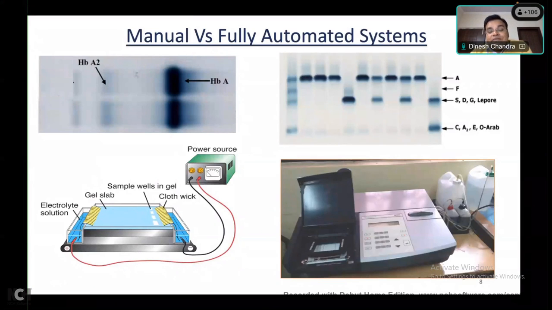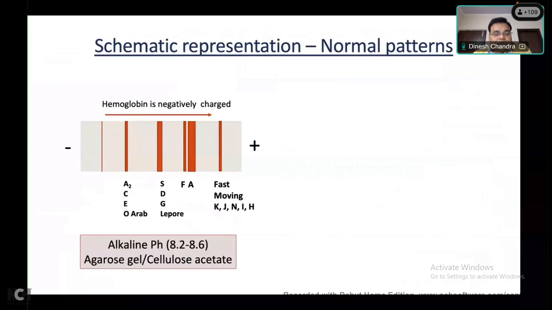But nowadays we have automated systems with ready-to-use gels, and you can get a better picture of the separation of these different hemoglobin variants and measure them by densitometry also. As I told you, it can be done at alkaline pH, which is the most common one, where it is separated from A to C, E, O-Arab, and then S, that's sickle, D-Punjab, G or Lahore.